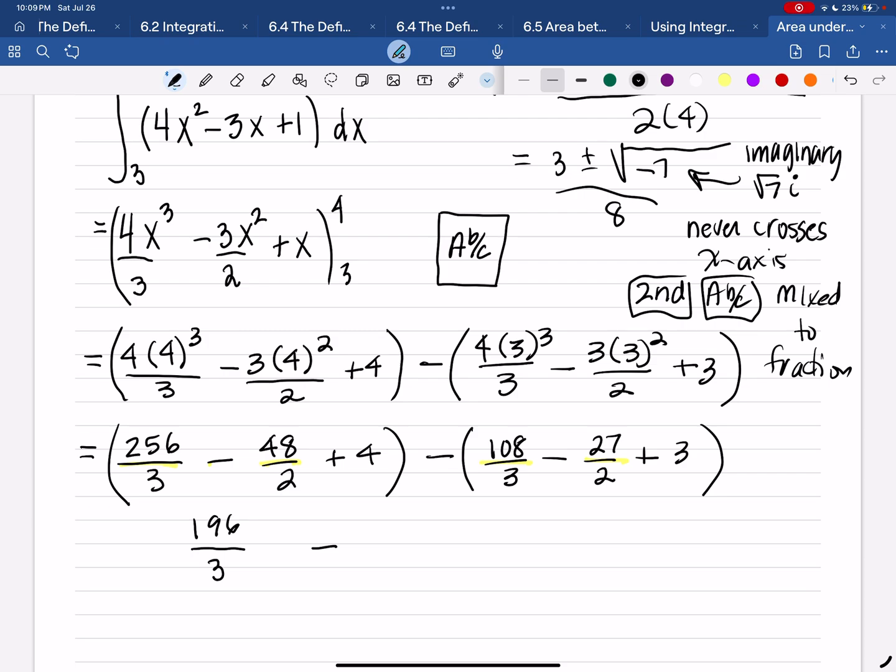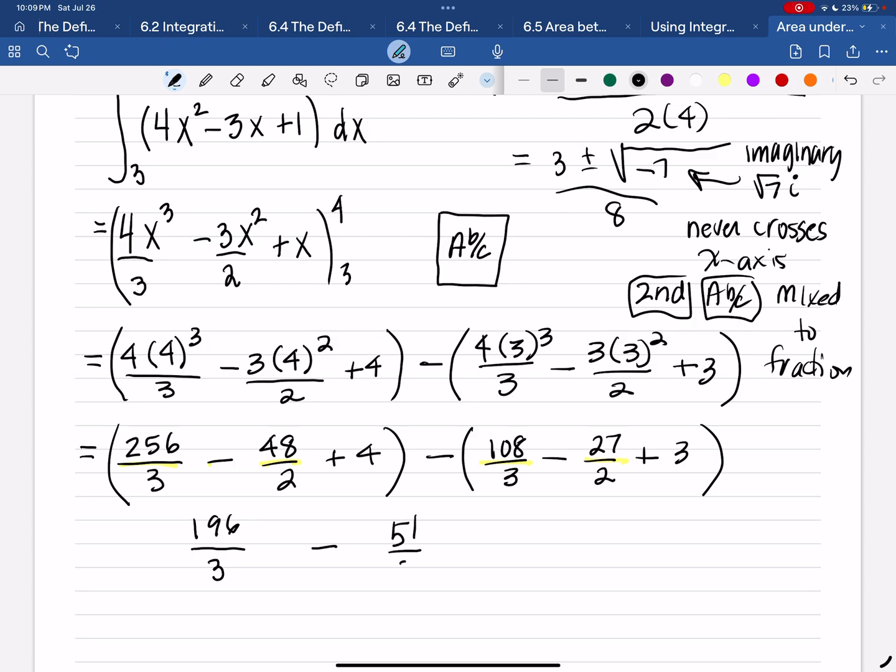Let me do that one more time. I don't think that's right. 108 fraction key 3 minus 27 fraction key 2 plus 3, and that is 51 over 2.